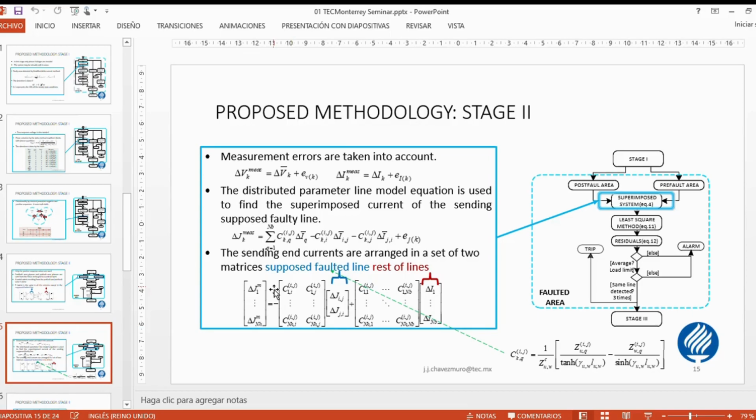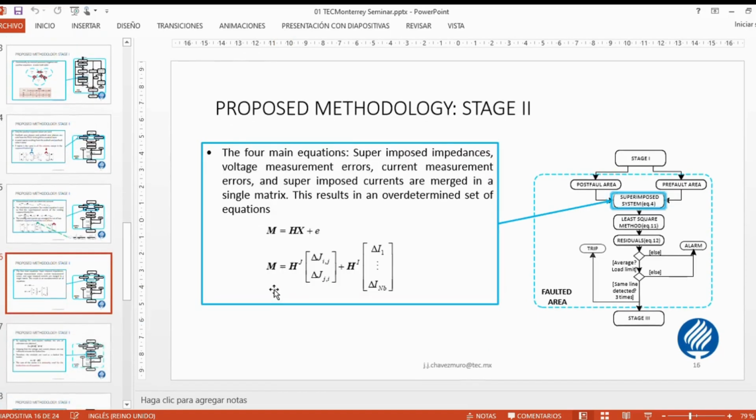So we will obtain an overdetermined matrix that can be solved using the least square technique. That's why we say we can include the error, and sometimes we don't need all the data.